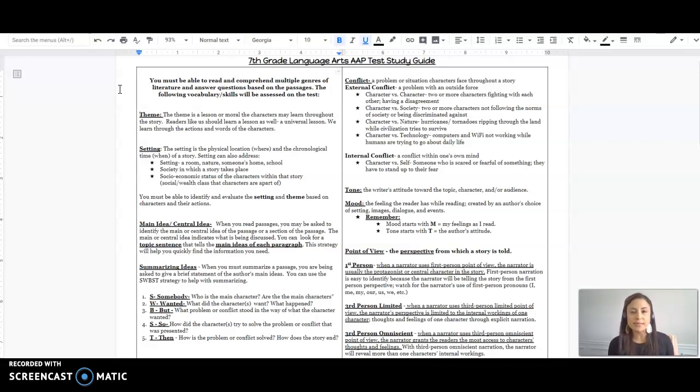We discussed theme in both of those passages, and we were able to understand that one of the themes in Theseus and the Minotaur is that Theseus was determined. He was very brave because he stepped up to fight the Minotaur because he knew what was right and what was wrong. Okay, so theme is just a lesson or a moral of the story.